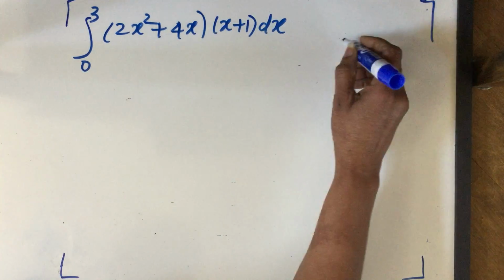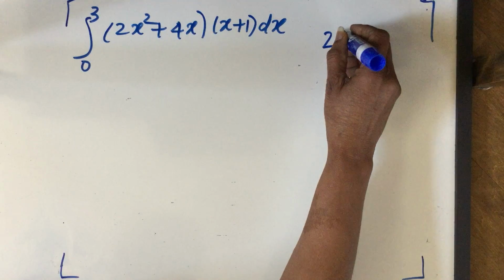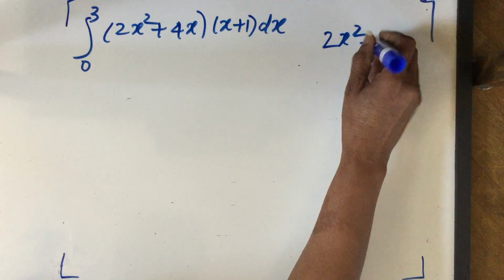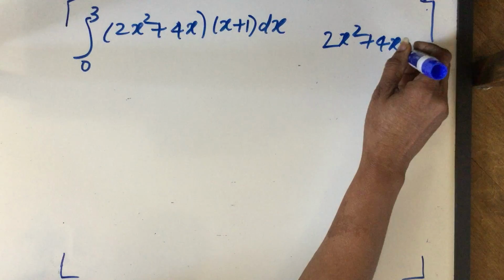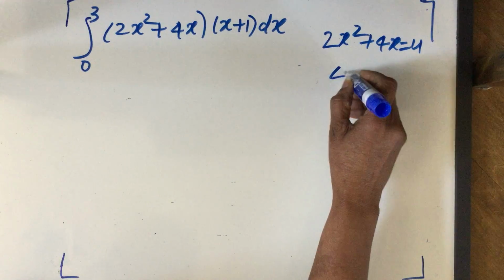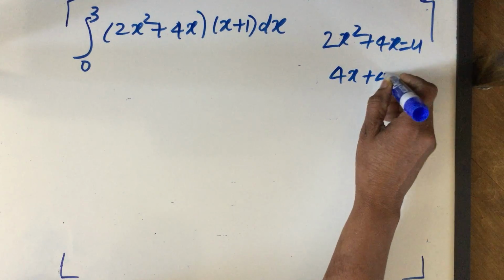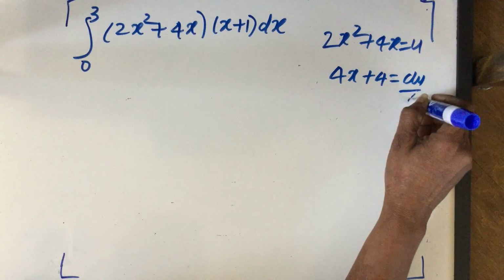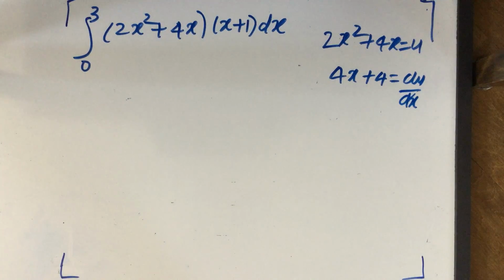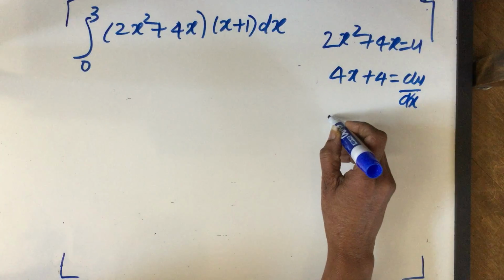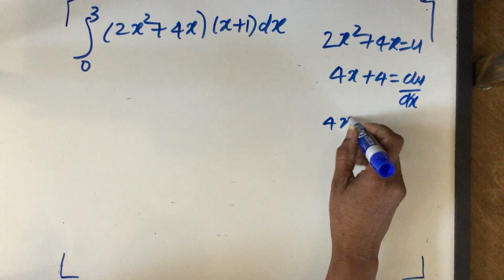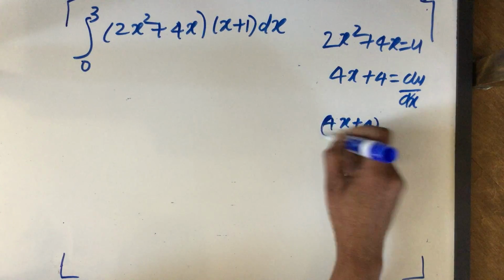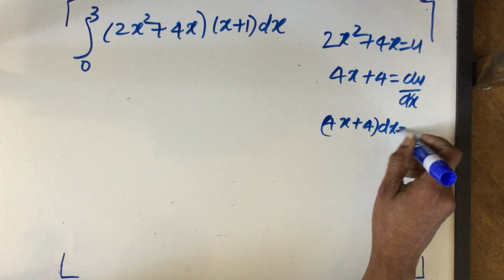So if you substitute, say 2x square plus 4x is u. So this will become 4x plus 4, which will be du by dx. So now cross multiply, which is 4x plus 4 dx is equal to du.